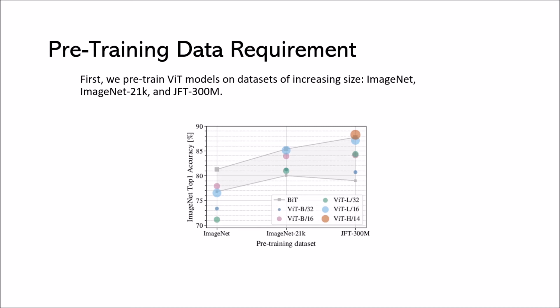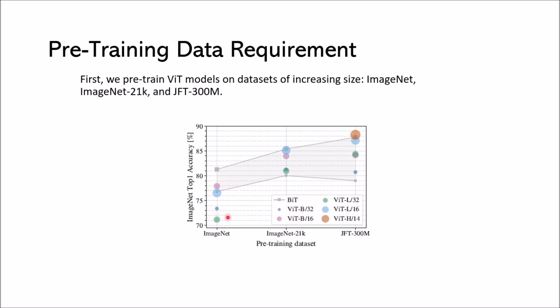Next is the pre-training data requirement. At the beginning, I told you that to achieve this kind of performance that can beat all of the state-of-the-art models, the Vision Transformer needs to be trained on a large dataset. So in this graph, we compare when the ViT is trained with only ImageNet, this is ImageNet-21k, and this is JFT 300 million. As you can see, this is the ViT and this is the BiT. With a small dataset like ImageNet, the BiT performs better, but the ViT performs worse.